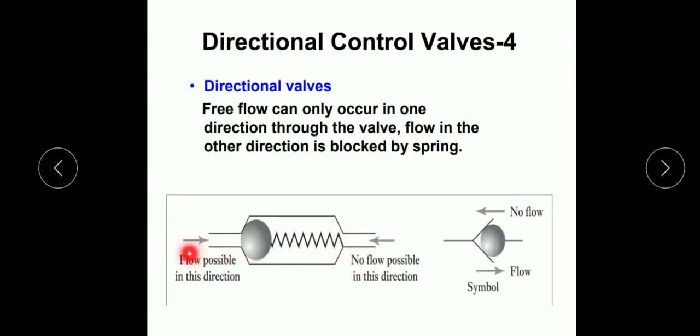When pressure acts at the ball at a specific limit, the spring will move to this side and flow will occur on this side, but the flow will never come back to the initial stage, because whenever force is applied on the ball, the ball won't go beyond this point, so there will not be any flow in this direction. So it is a one-way valve, and this shows the symbol of a one-way direction control valve.